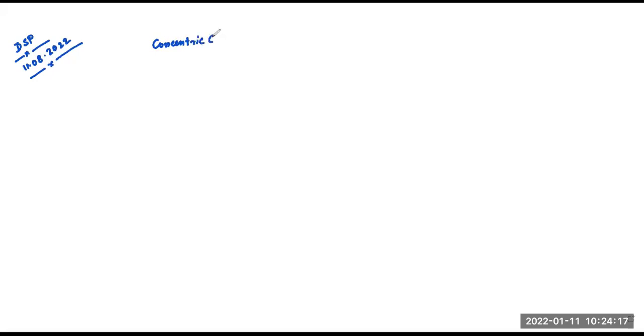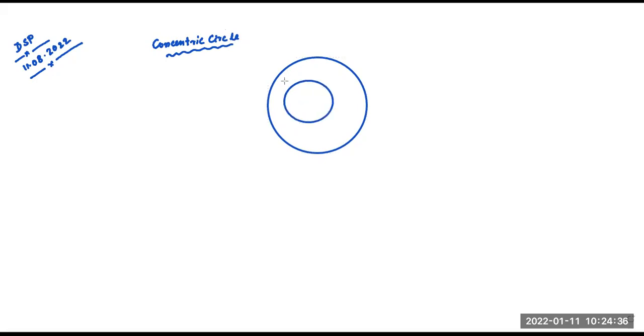Concentric circle method. So we are on the 4th step of the concentric circle method. So this is one circle, and this is another circle. So 2 circles are there.